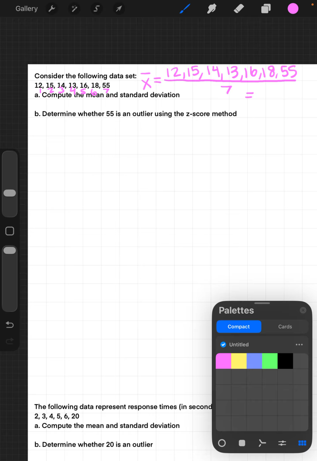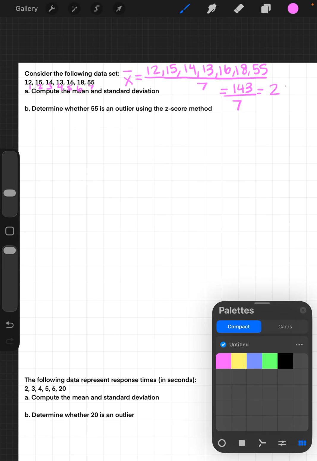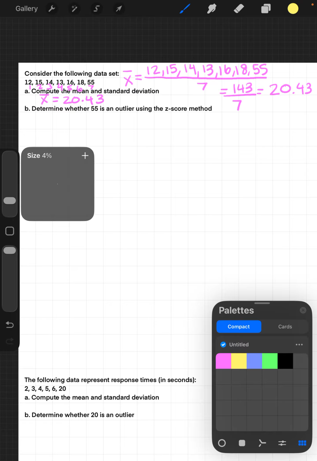So our mean is gonna be 143 divided by 7, which is 20.43.